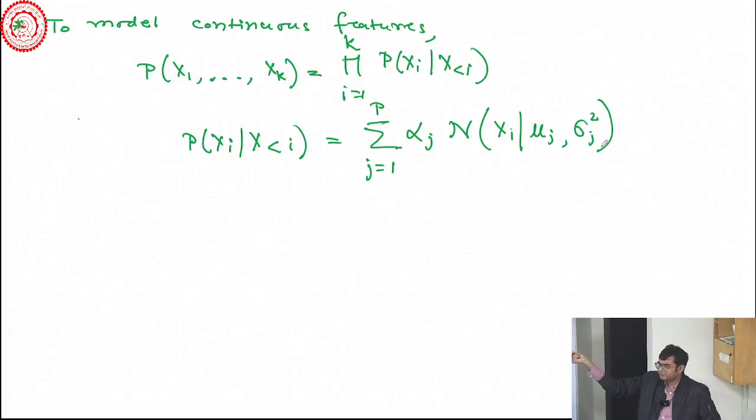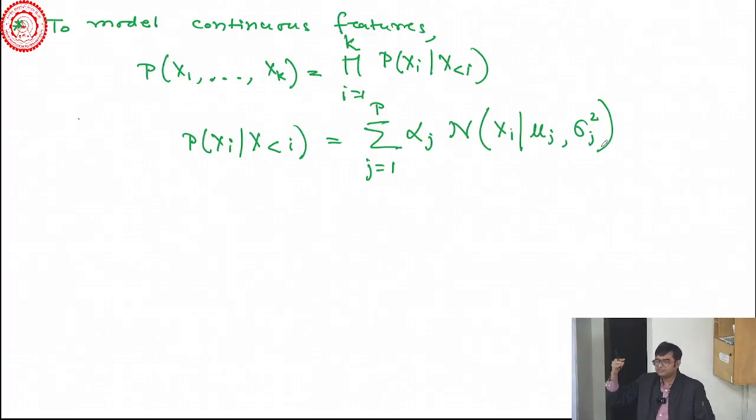Alpha j can also be a function, but in the original implementation they took alpha j to be all equal weightage, 1 by k or 1 by p in this case. But you can take even alpha j to be the output of your neural network. No one is stopping you from doing that, but let's go with the original one.